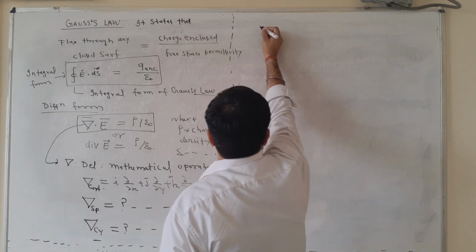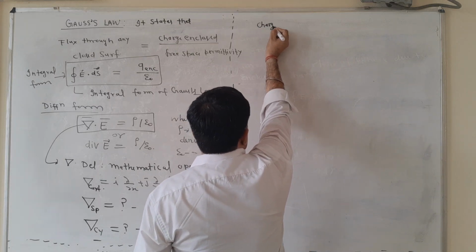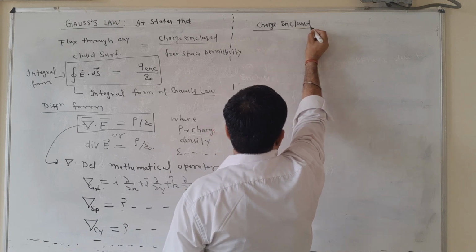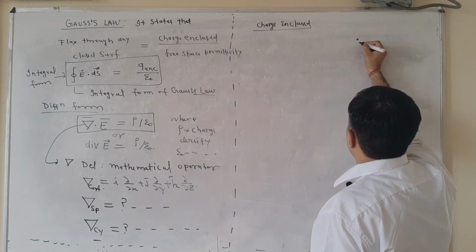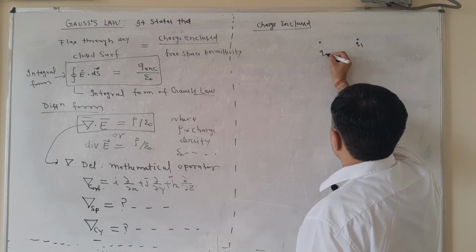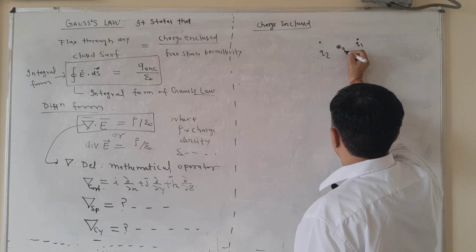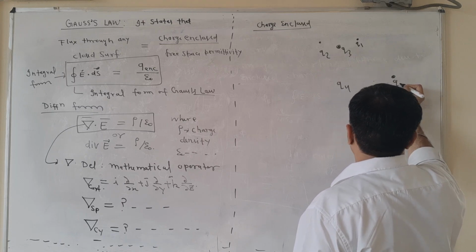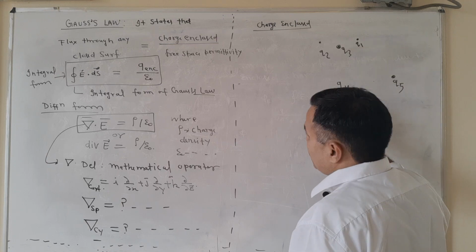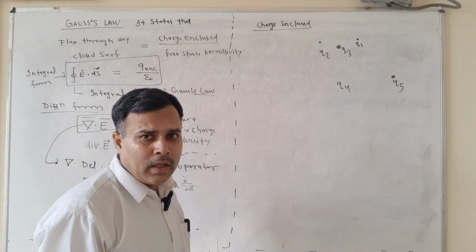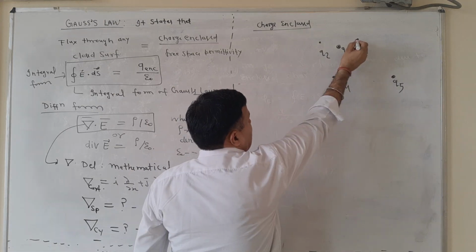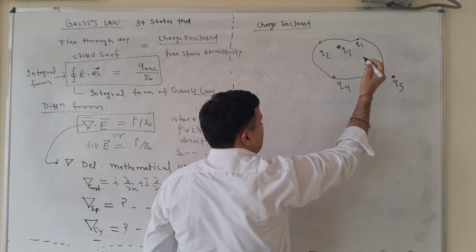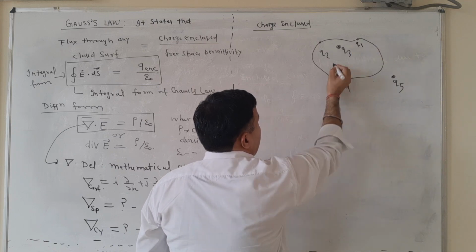Consider that we have charges, let's say Q1, Q2, Q3, Q4, Q5, and we close a contour.